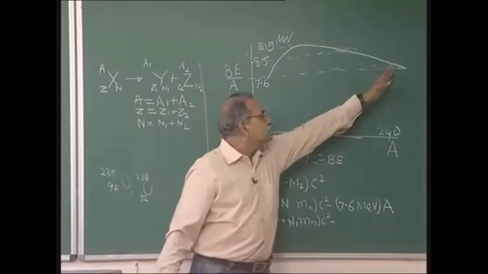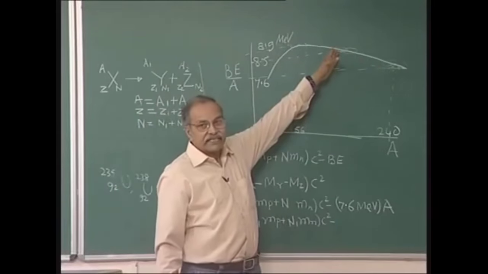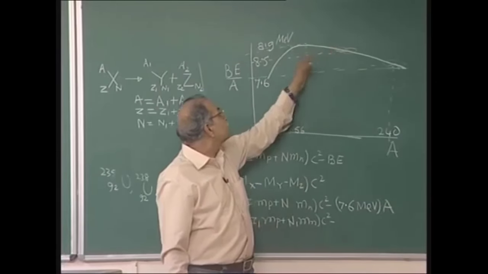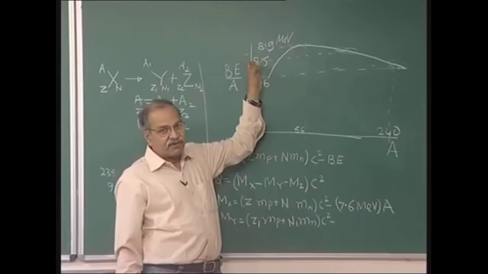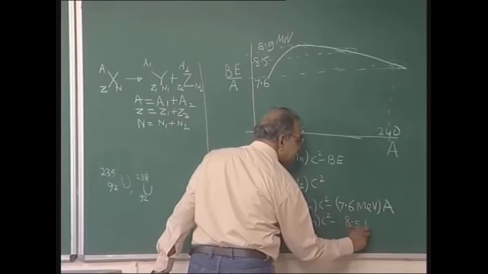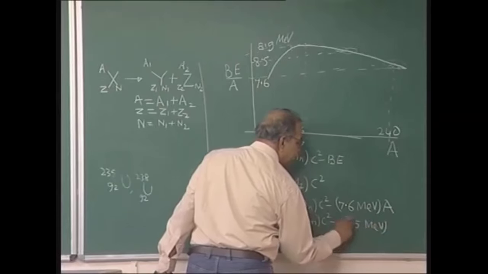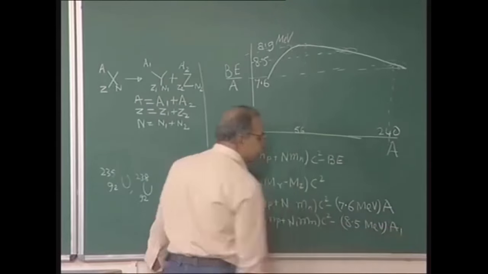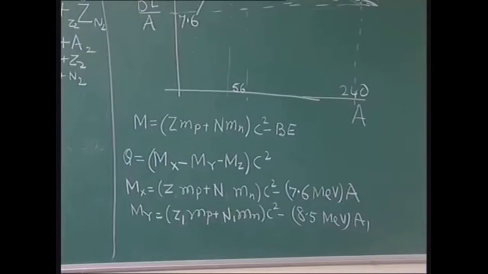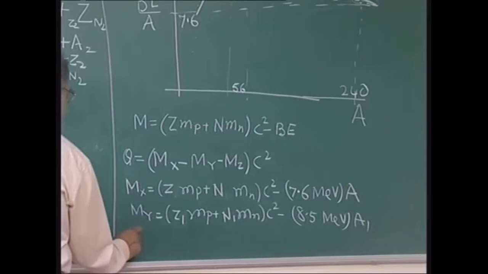So, half of it will come here, and here the binding energy per nucleon is 8.5 MeV. So, it is minus 8.5 MeV times A1. It has A1 nucleons. So, 8.5 MeV times A1, and similarly Mz you can write.